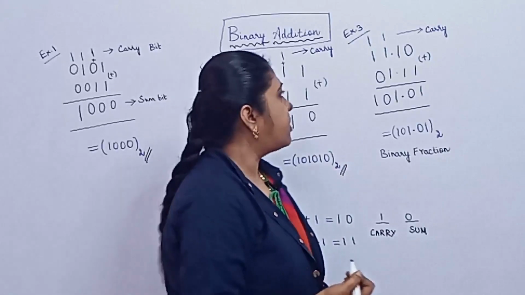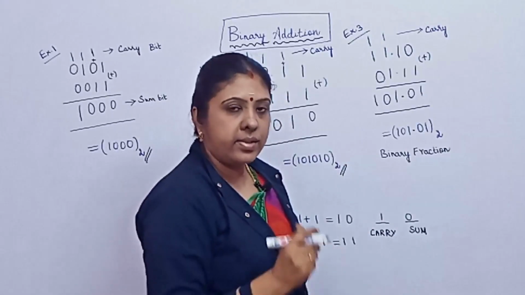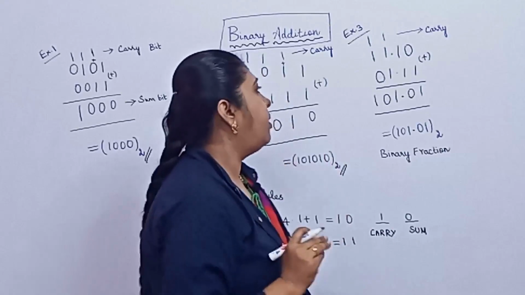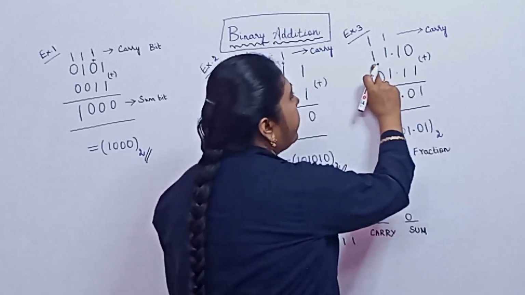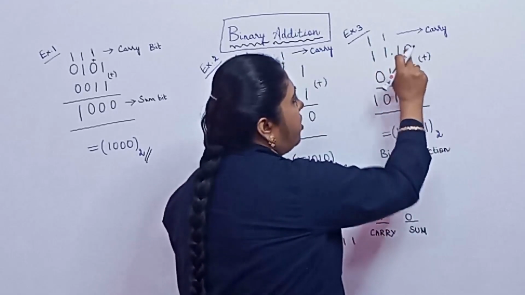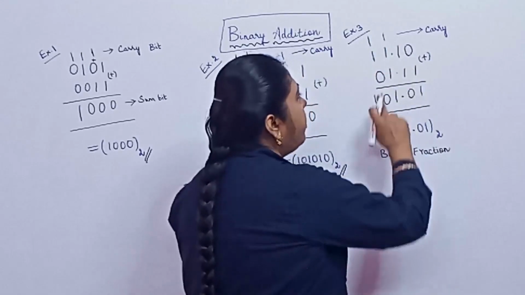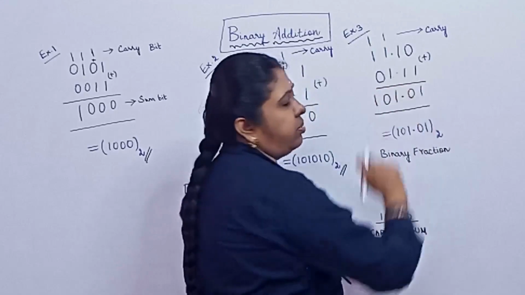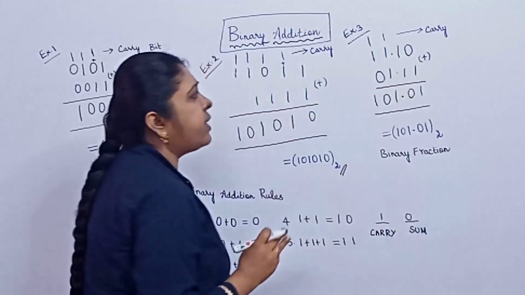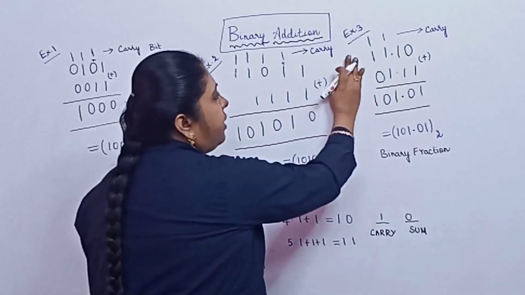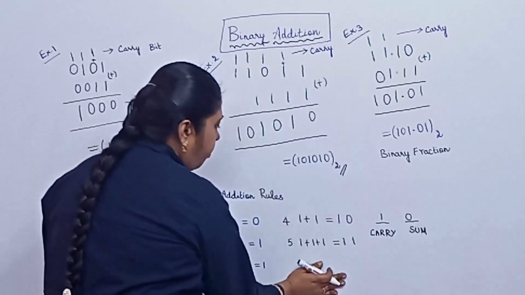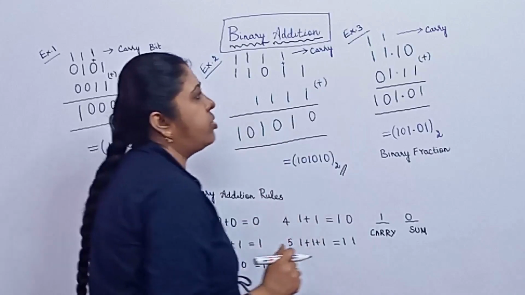Now we are going to discuss binary fractions. It is the same addition, but as a fractional value. Consider the example 11.10 adding with 01.11. It is written as we do for decimal fractions, but in terms of binary we apply the same binary addition rules.